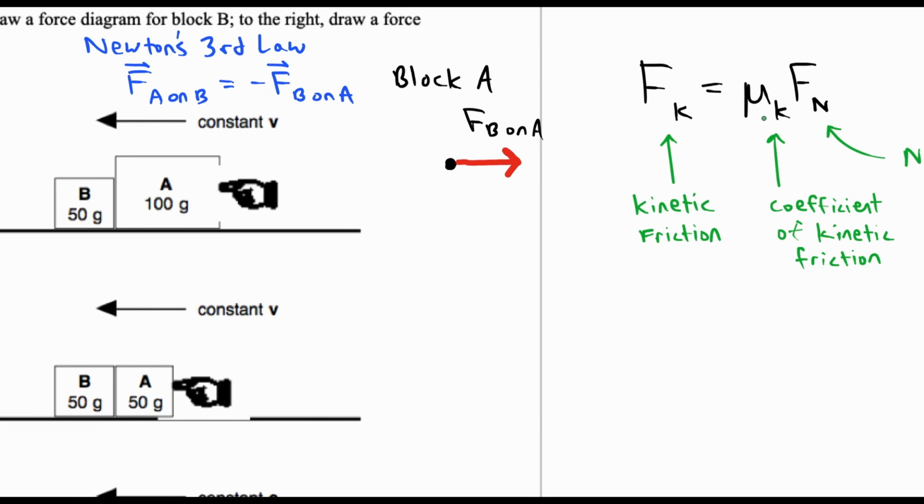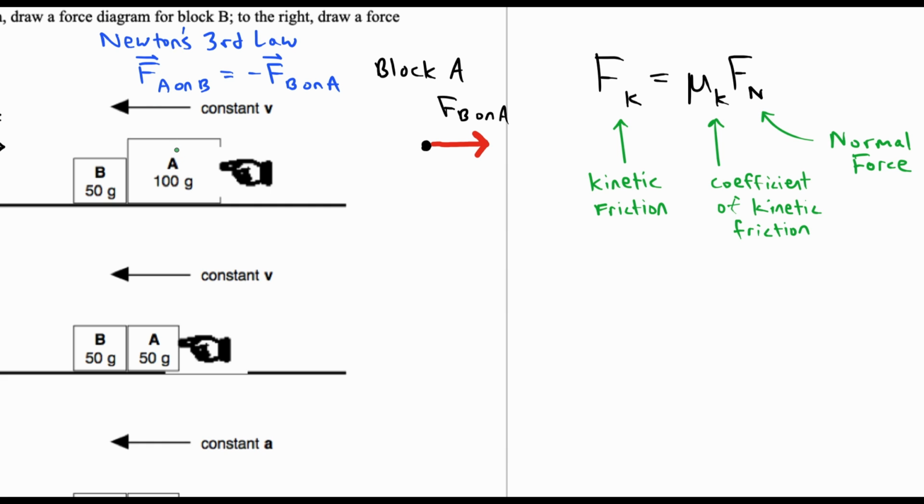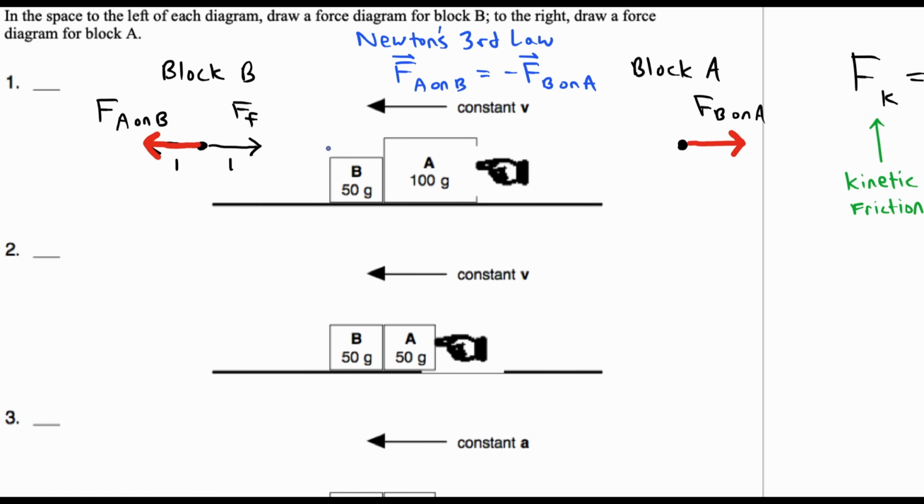And so what this formula shows is that friction will be proportional to a normal force, and we would know that the weight of A is twice as large as the weight of B here. So if we were to include those forces, the weights, we would see a downward force there for B, which is balanced out by an upward normal force. But A's downward force would have to be twice as big.